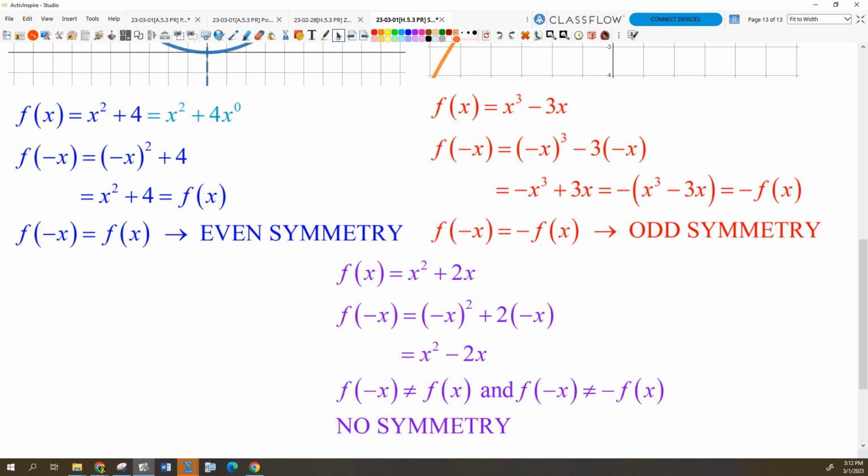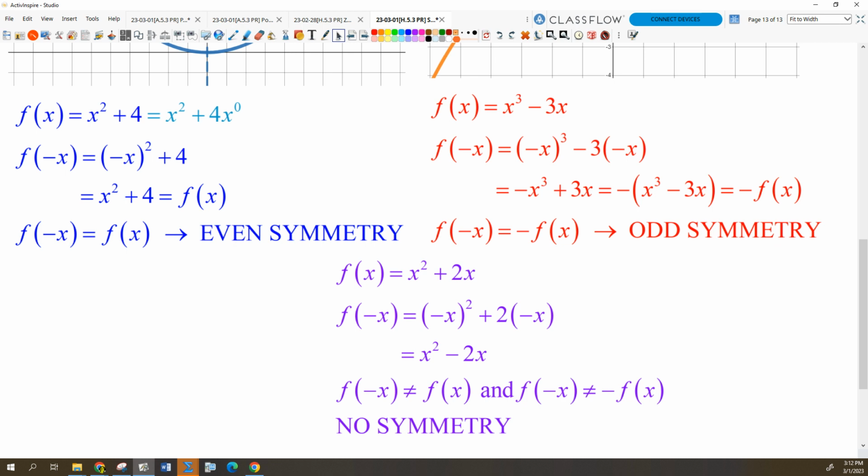Okay, let's try another one. How about this guy over here? f of x equals x cubed minus 3x. Let's evaluate that function at negative x. I get the quantity negative x cubed minus 3 times the quantity negative x. What is the quantity negative x cubed? Negative x cubed, right? I have to cube the negative 1, which is negative 1, and cube the x. Yeah, I just get negative x cubed.